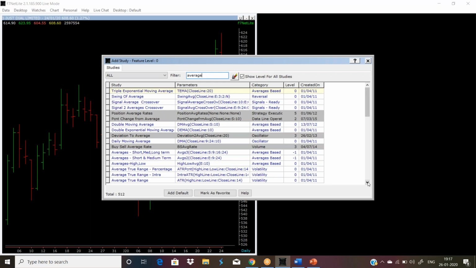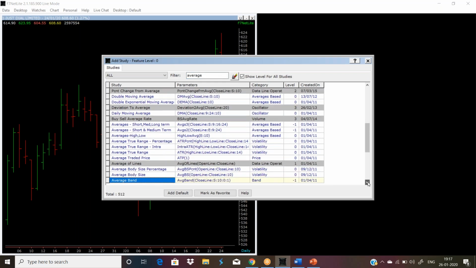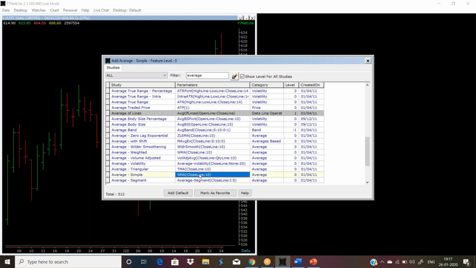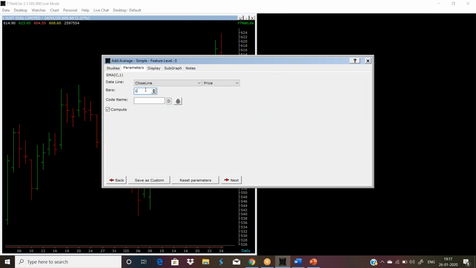One minute, I'll show you. Average bar, here is the simple moving average. I have to take this one, the simple moving average. The days I can take any number. Generally 6 is taken. Here it is clearly mentioned that the close data line is close price, and number of bars means 6, the last 6 bars, and the average will come.